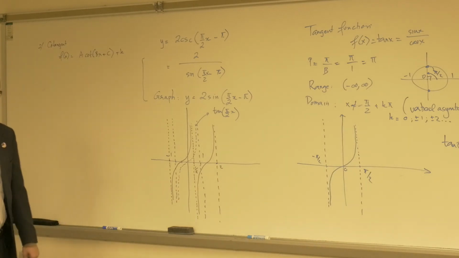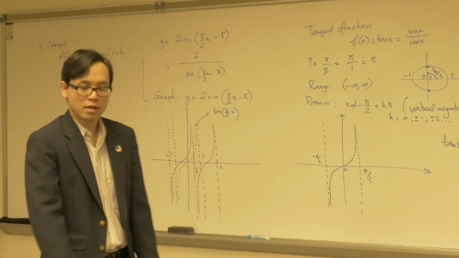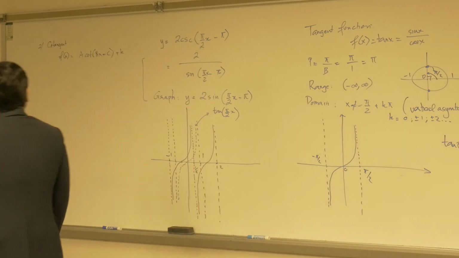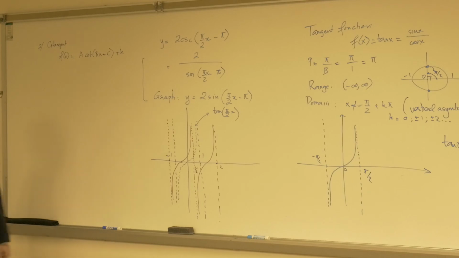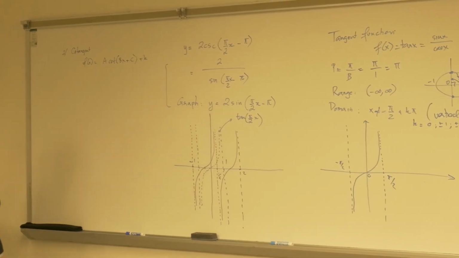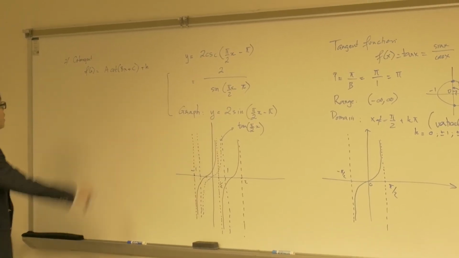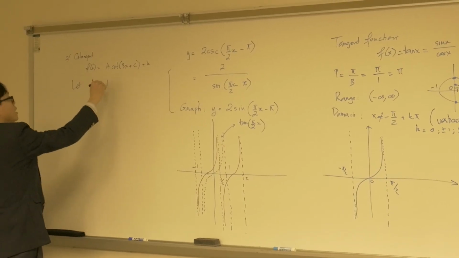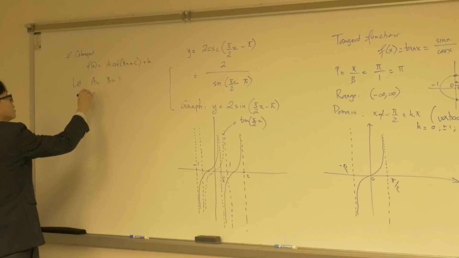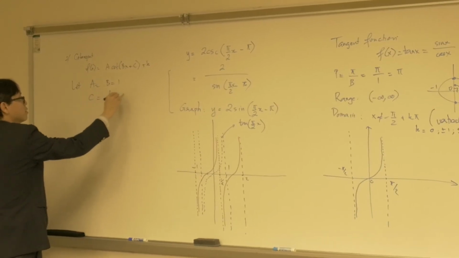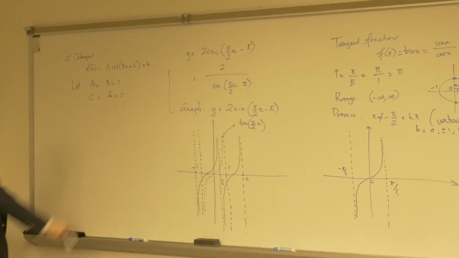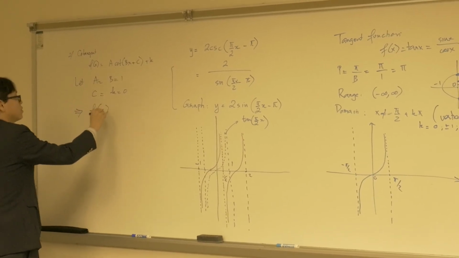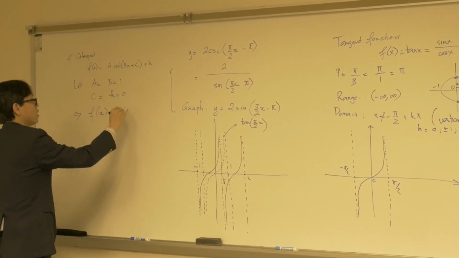Everything will be the same: calculate the same phase shift, and the vertical shifting up or down depends on whether k turns out to be positive or negative. So let a and b equal 1, c and k equal to 0. Then we're going to have the parent function, f(x) equal to cotangent of x.